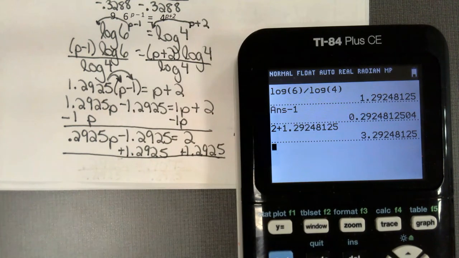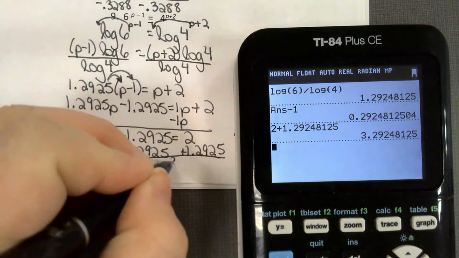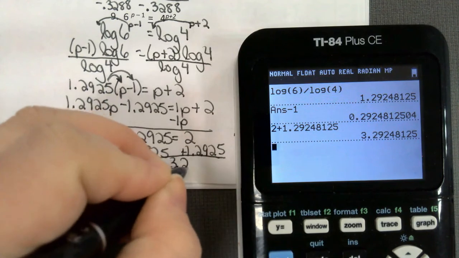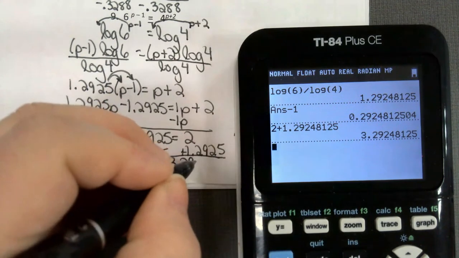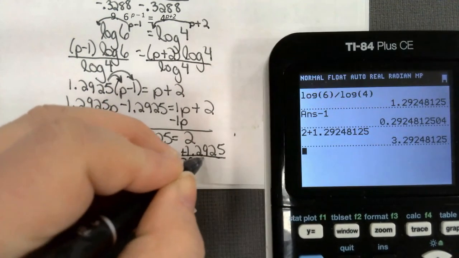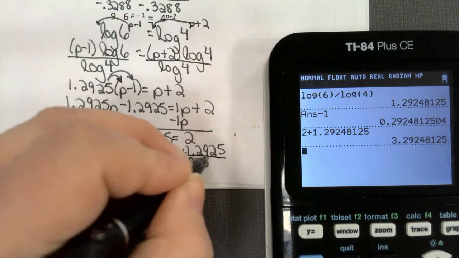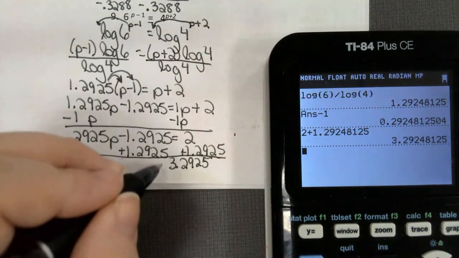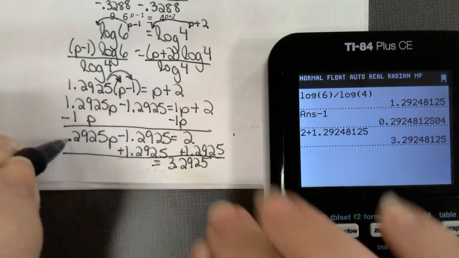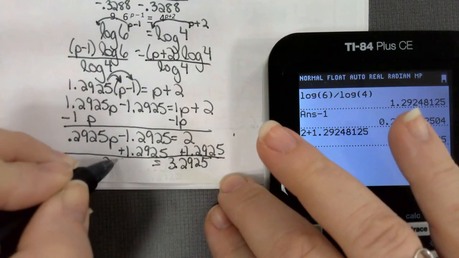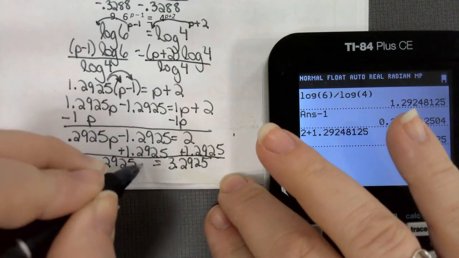You still don't have to type anything in. And it's a perfectly valid option, even though technically it is using rounded numbers, as we'll see in a minute. And it equals 0.2925p.